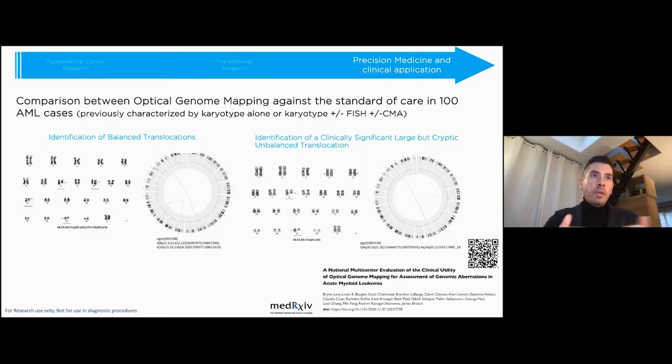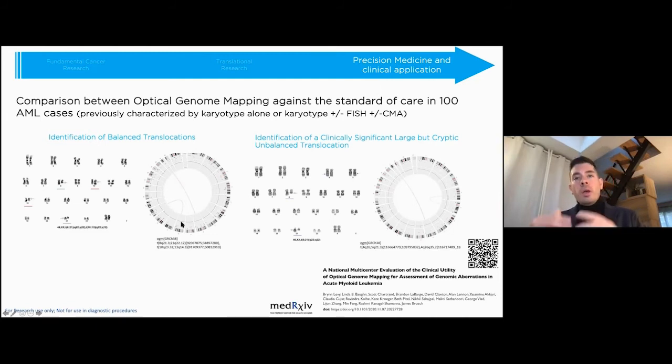So it showed the ability to identify balanced events like balanced translocations that you can see here from the karyotype between chromosome 10 and 13 and 8 and 21, that would be represented by these lines over there, and between these chromosomes here and there.